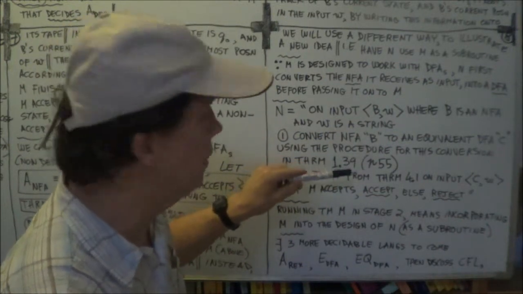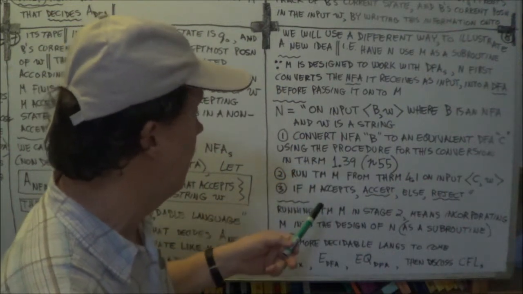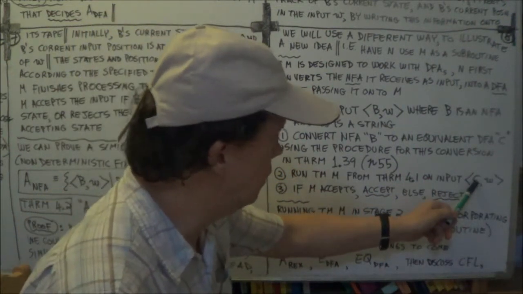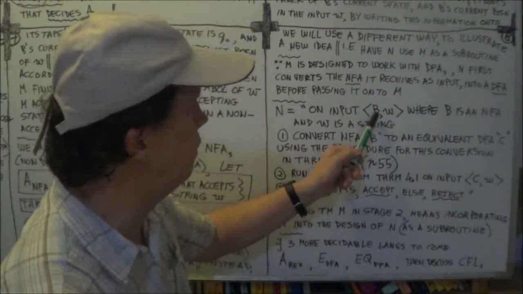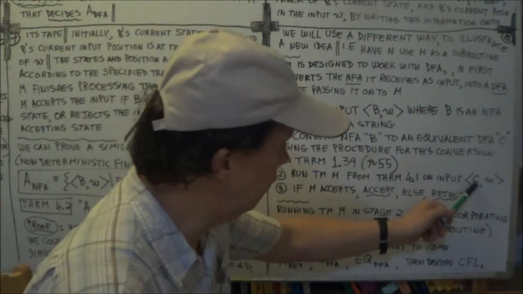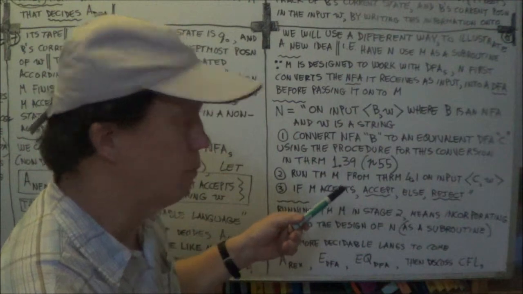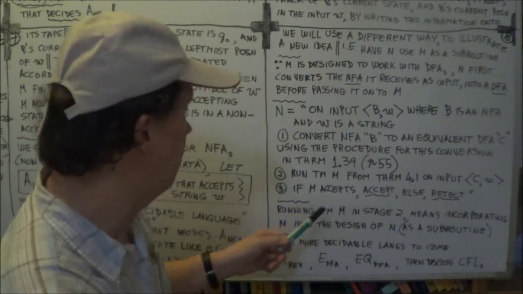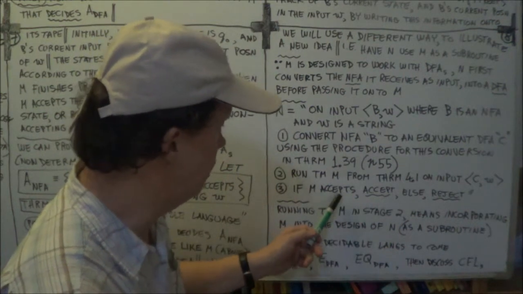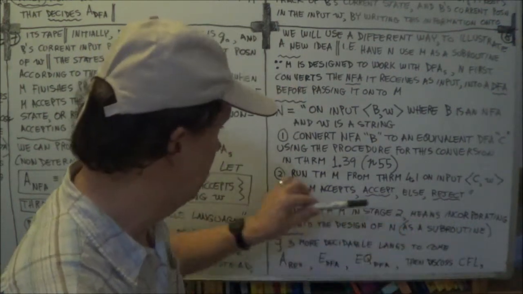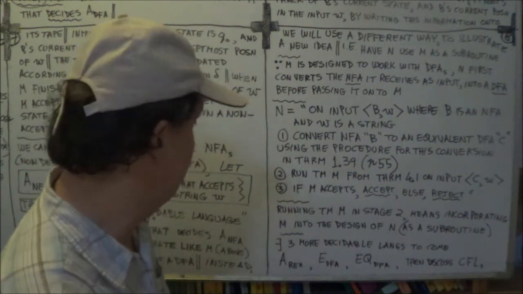So C is the DFA conversion of your NFA B, and you pass the DFA and the string to M, which is now a component, a small part of N. If M accepts, accept, and else, in other words, if M rejects, then N rejects. And that's the description of the algorithm.